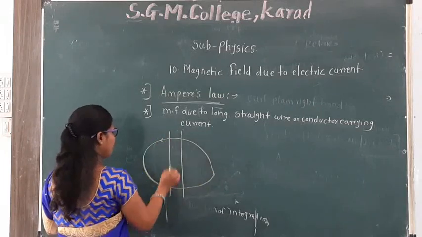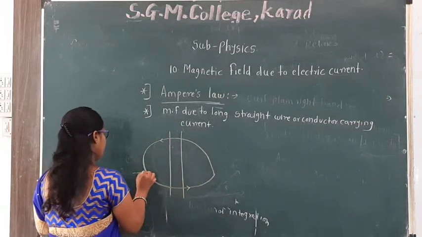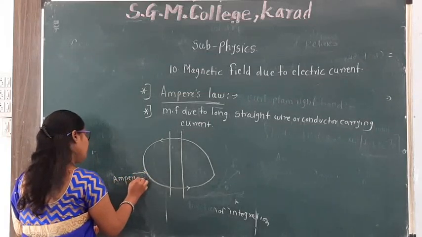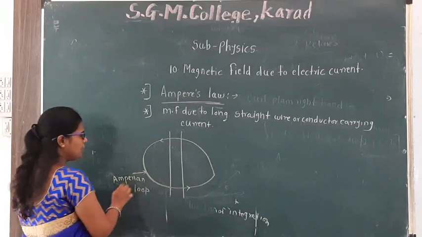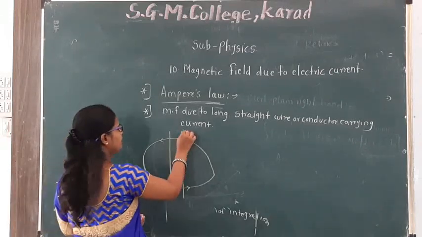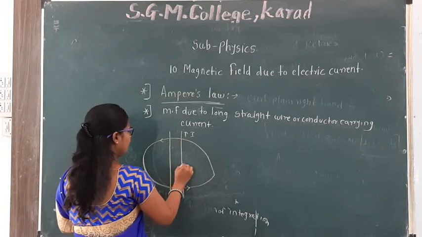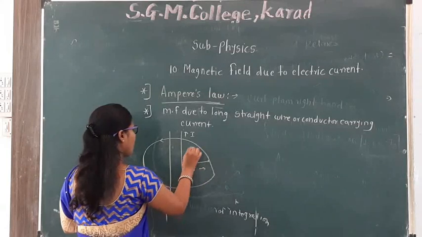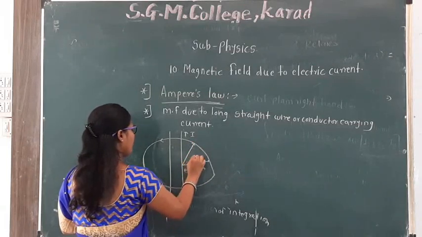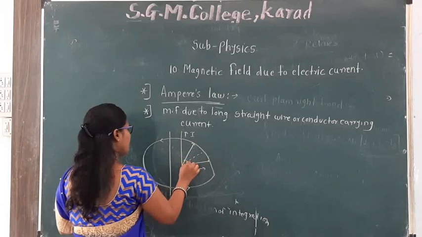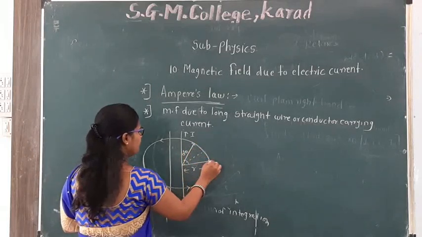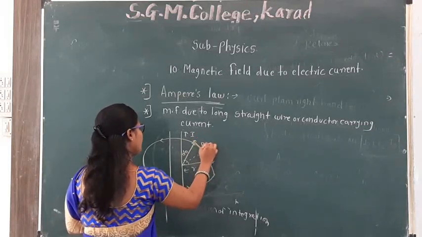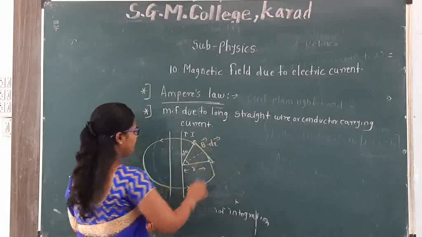This conductor is carrying the current I. Here R is the radius, d theta is the small angle, and B dot dl is the quantity to integrate.